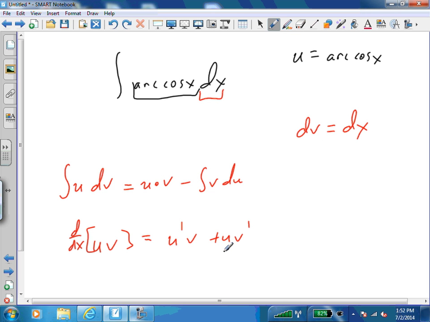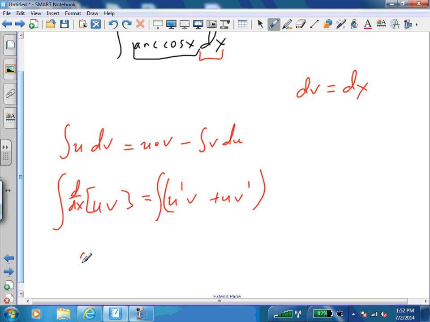And we've discussed, well, we don't really have a product rule for integration. If we integrate both sides here, an integral and a derivative undo each other, so u times v is the integral of u prime v plus the integral of uv prime.